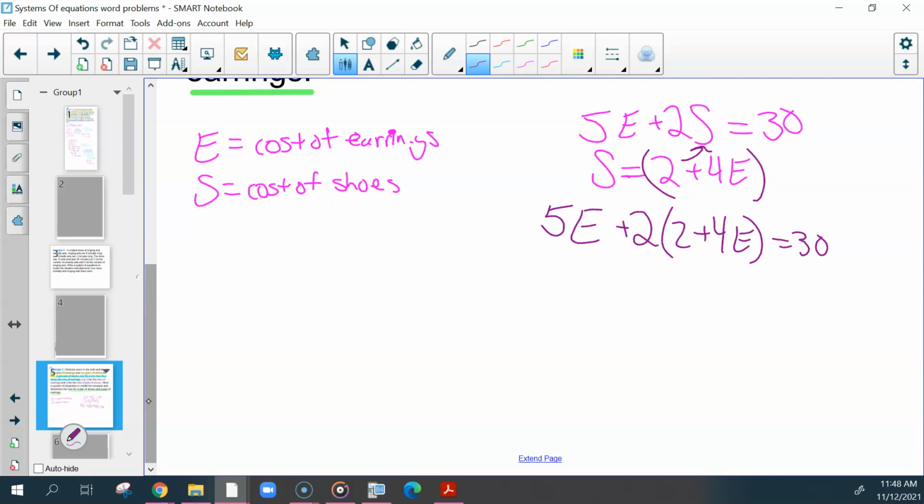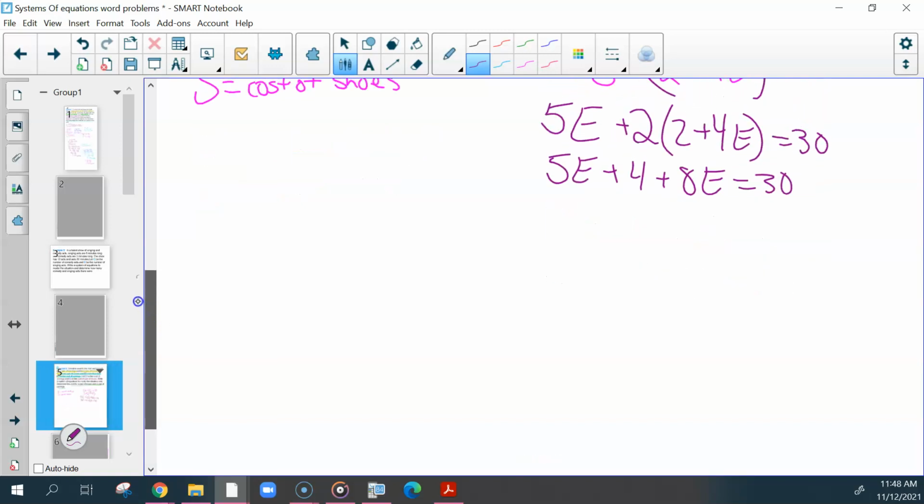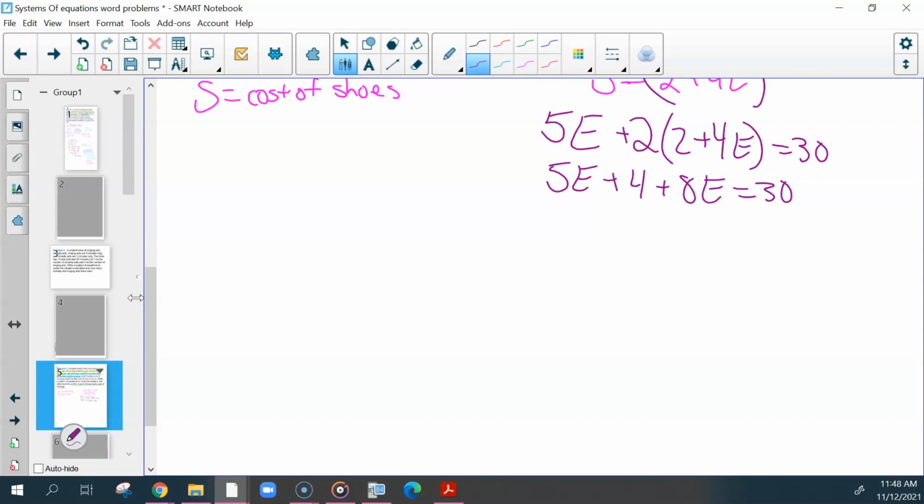And then from there we could solve for E. So 5E plus 4 plus 8E equals 30. Combine your E's, so 13E.